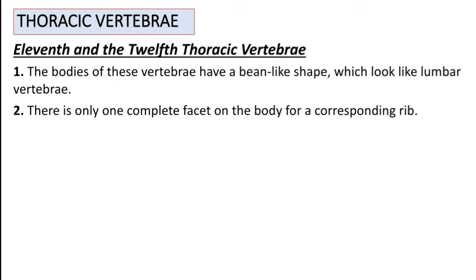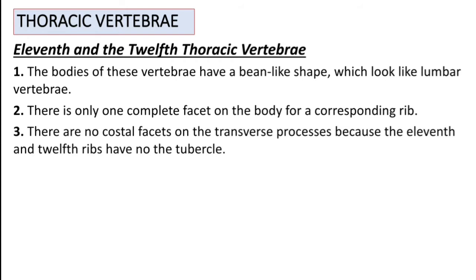There is only one complete facet on the body for a corresponding rib, right? So the facet for the 11th rib is on the 11th thoracic vertebra, and the 12th, same thing. There are no costal facets on the transverse processes because the 11th and the 12th ribs have no tubercle, right?